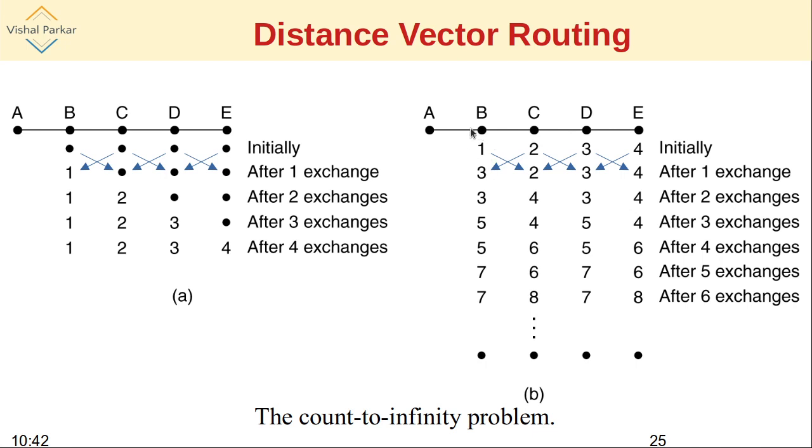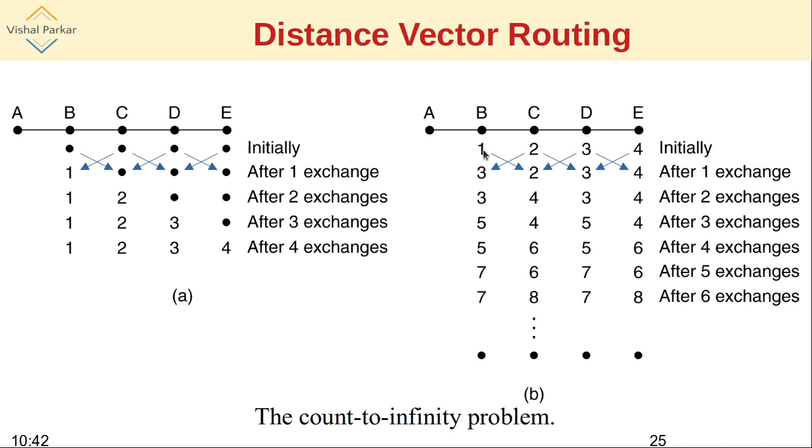B does not know that C's path goes through B itself, and C does not know that B cannot reach A.